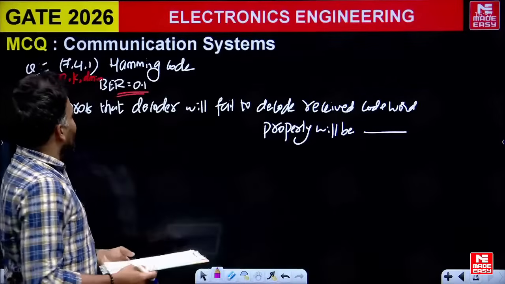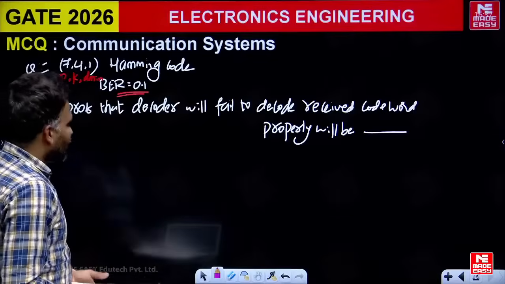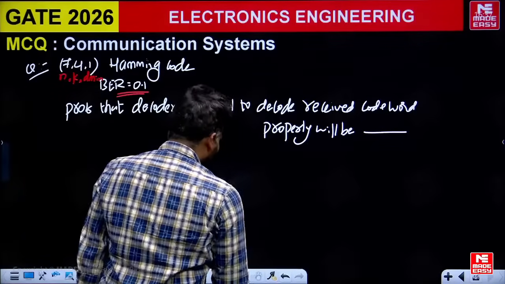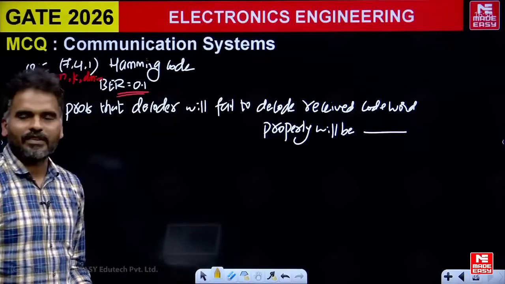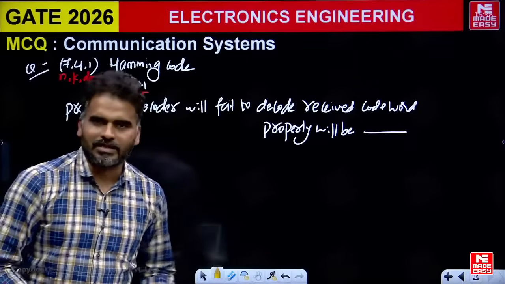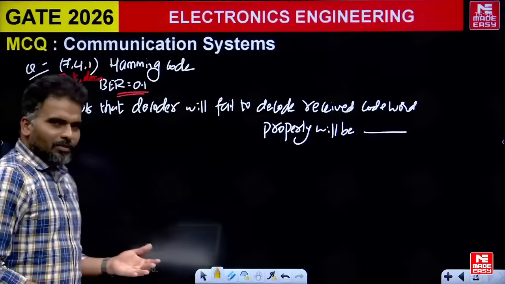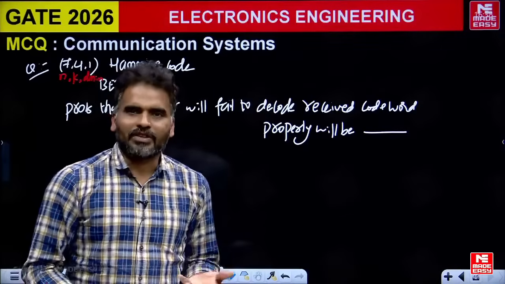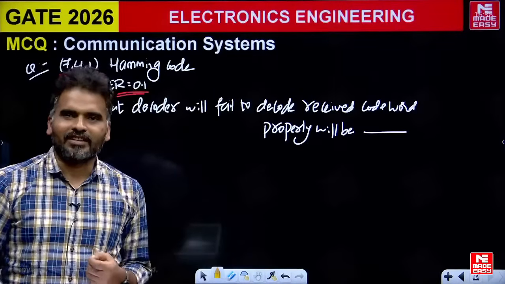If you recall what Hamming code is, Hamming code is basically an LBC only, a linear block code, but provided some conditions are satisfied by the LBC, then you can call that LBC a Hamming code. What is Hamming code? Basically it is a single error correcting perfect code.